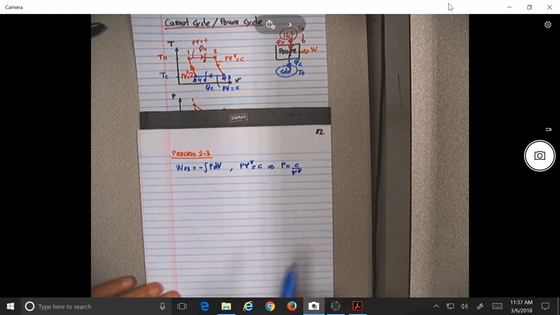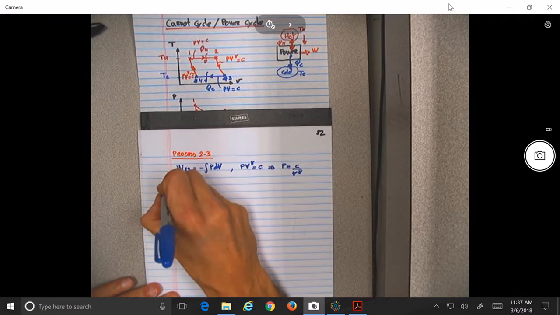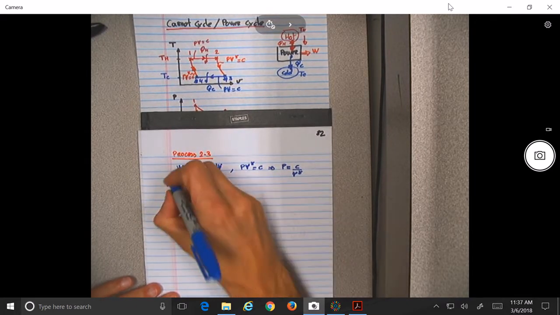So now, over here, again, I'm not going to skip any step, but I'm going to go faster. So this will be equal to what?